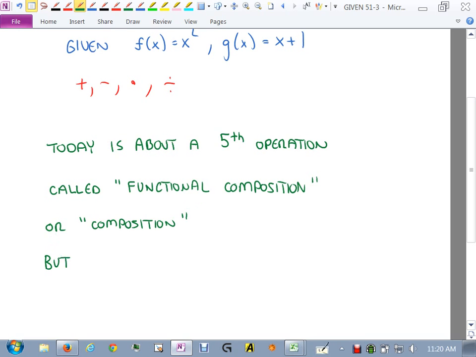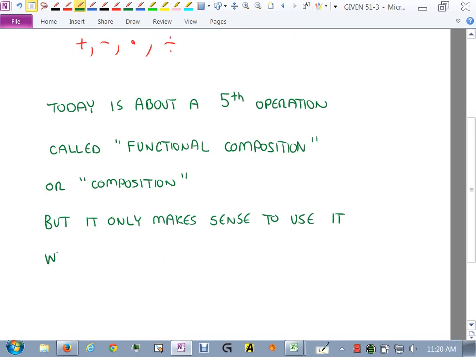But, what did I just say? There's one stipulation in composition. You can only use it when you have two functions, right? It only makes sense to use it when you are given two functions.